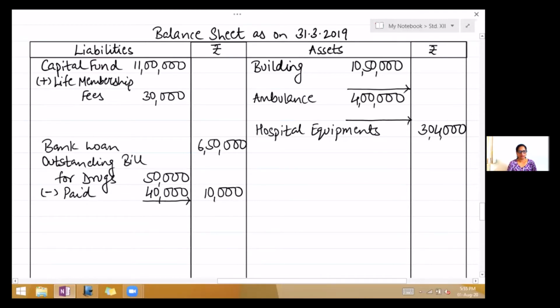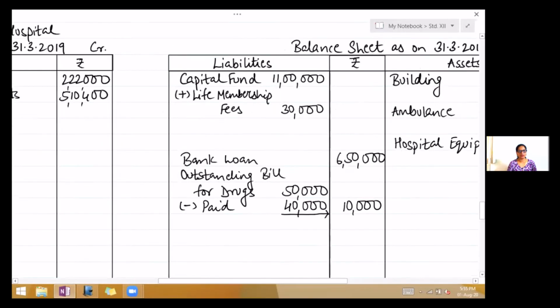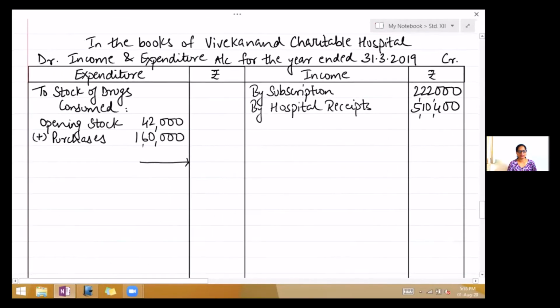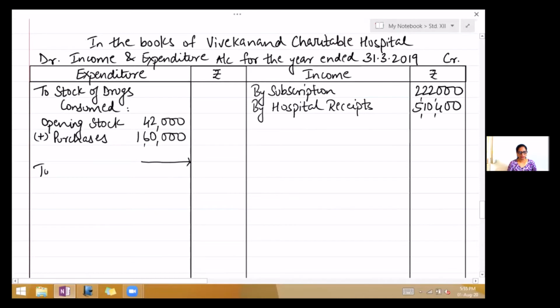Salary to staff. Now this is an expenditure. So salary to staff on the expenditure side. To salary to staff 85,000. Honorarium to doctors, again expense.